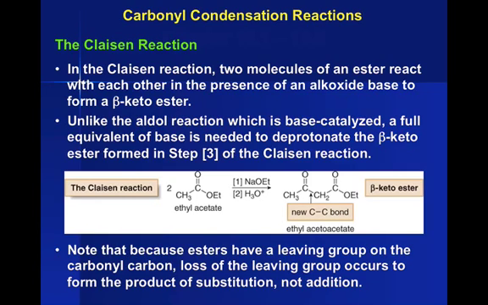So this part comes from what? My nucleophile or my electrophile? The nucleophile. It came from the enolate, right? This part comes from the ester that's functioning as the electrophile.